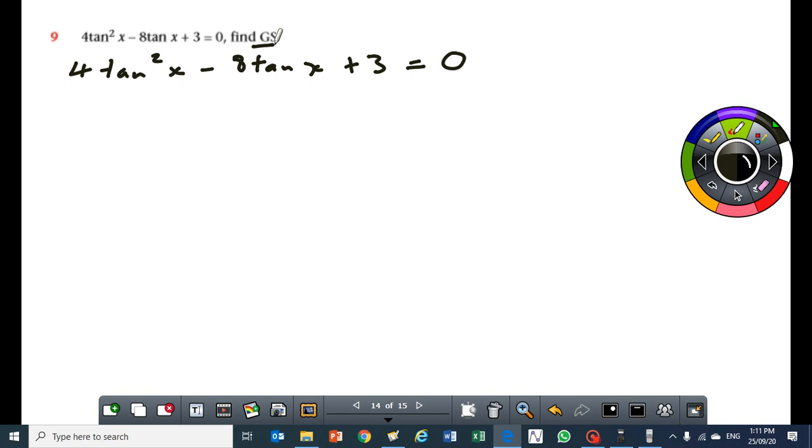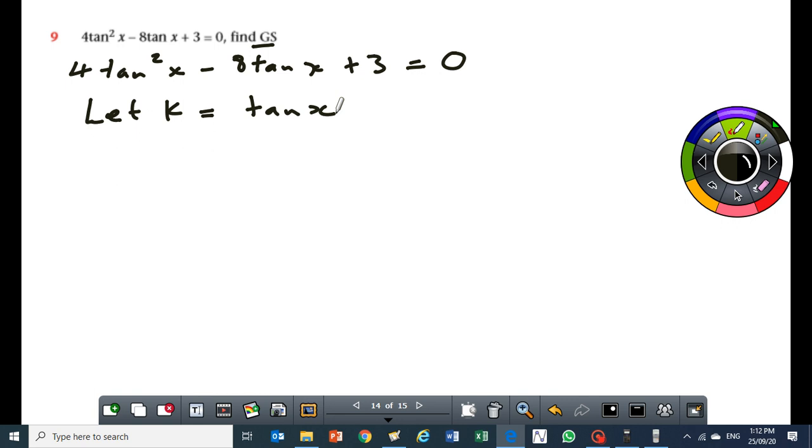Now the best way is to use a substitution to carry on here, because as it is, it's very complex to factorize. So what you do is say, let k be equal to tan x. It's better to go to algebra from trig, then come back to trig, than to try and factorize it in trig format.